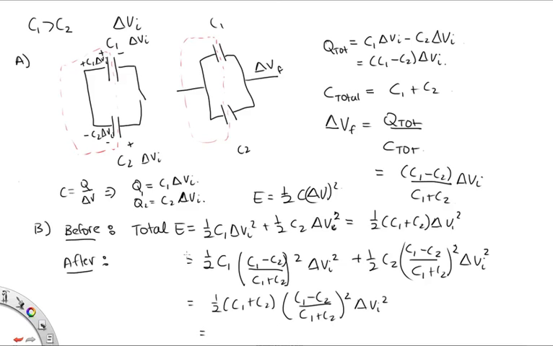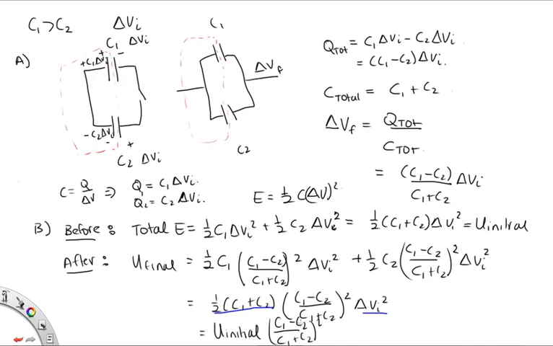So you can see the half C1 plus C2 delta VI squared is equal to the initial energy. So we can write this as U initial. So this is equal to U initial times C1 minus C2 over C1 plus C2 squared.